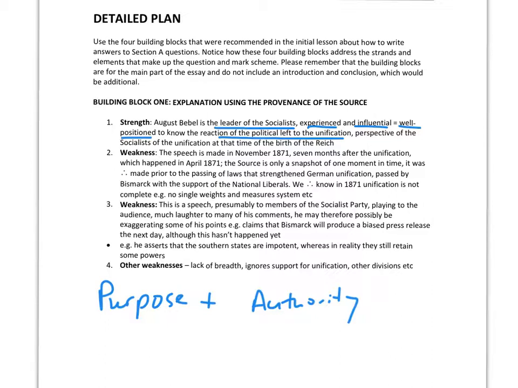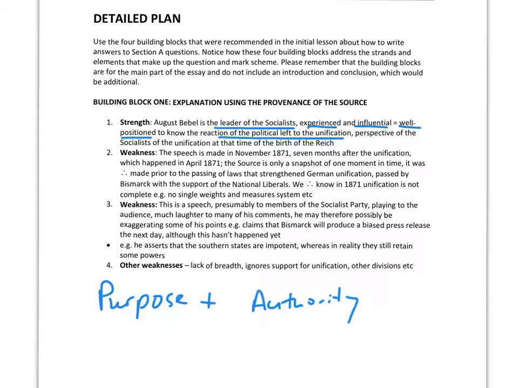He is speaking with authority, he's not a low-ranking member of the socialists. If he says this is what the socialists feel, then a lot of people are going to be influenced by him. Many members of the party would be influenced, although you could pick up on the fact there is division within the party, and some of them are Lassalleans and wanted to be more cooperative with the political centre and right.